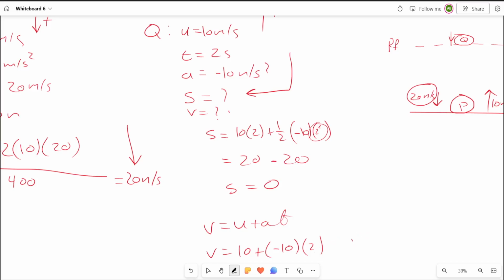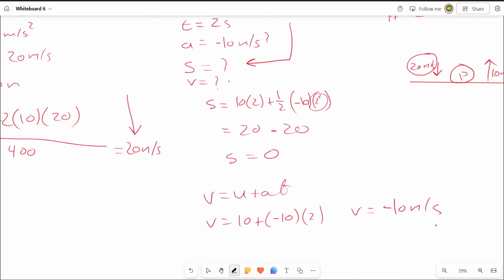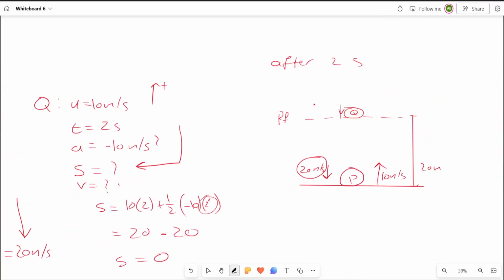So now my v is equal to 10 minus 10 times 2, which is minus 10 meters per second. And here I took upwards as my positive direction. So when I get a negative value, I know that this velocity is downwards, and it's negative 10 meters per second. So at this instant, after 2 seconds, this is exactly what's happening. P is moving upwards with 10 meters per second. Q is moving downwards with 10 meters per second as well.